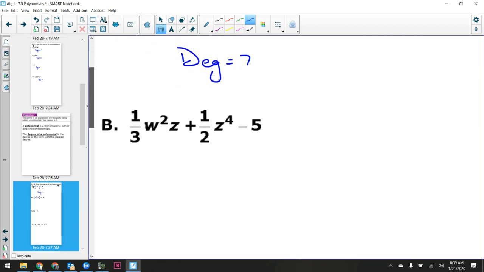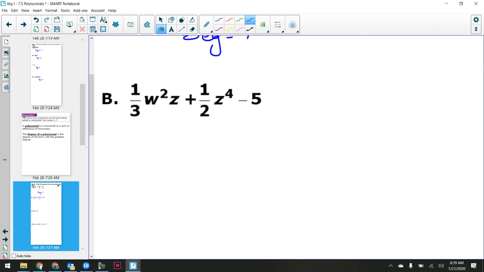Okay, let's take a look at the next one. Don't get thrown off by the fractions. What's the degree of this first term? Do we all notice that there are 3 different terms? If you wanted to, separate them by the addition and subtraction signs that you see. I see 3 different terms. Okay, so what's the degree of my first term? Remember, add up the exponents.